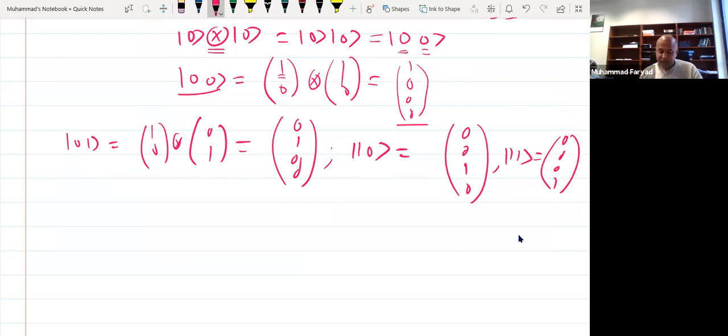Now, these are not the most general states that these two-qubit systems can have. Even though, if you think about these qubit systems as classical systems, we would think, okay, one qubit is in a certain state, another qubit is in a certain state, and we should always be able to write the state of the whole system as the state of one qubit tensor the state of the second qubit.